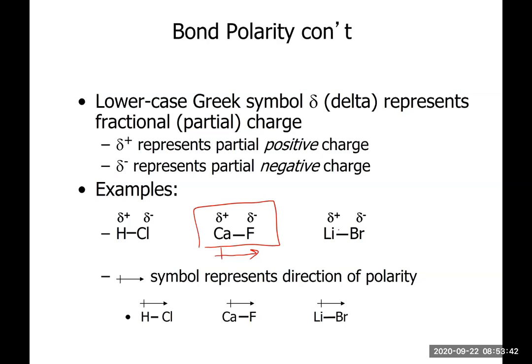Where are the electrons going to be in this bond? Very, very close to the bromine. Not close to the lithium. Similarly, in this bond, very, very close to the fluorine nucleus and very, very close to the chlorine nucleus, pulling them away from the hydrogen substantially.